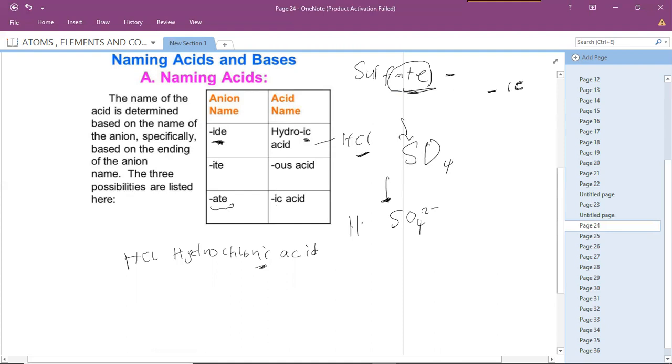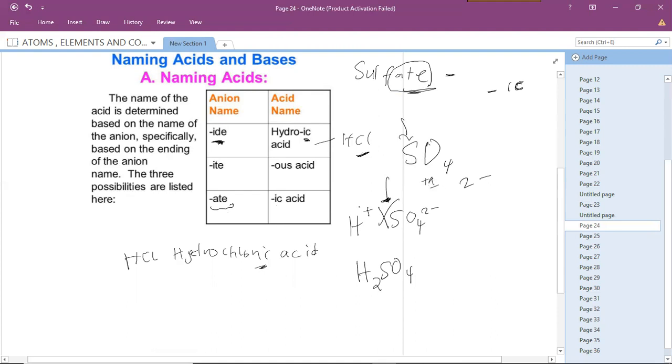So hydrogen, H plus, again, you can cross multiply so that the formula should be H2SO4. Or you can tell yourself that I have got one hydrogen this side, and a sulfate with a 2 minus charge and a plus 1 charge.